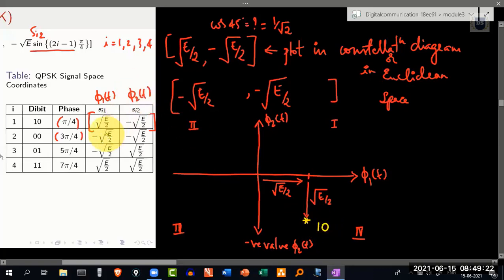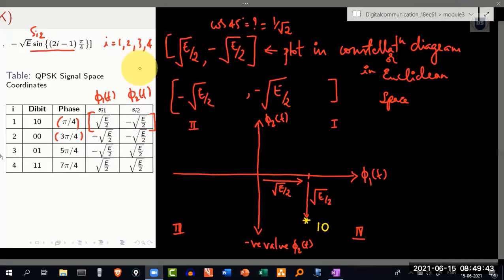Likewise, if I were to plot my next point, in what quadrant will I be lying? Because both of them are associated with a negative sign. By now we know that our first dibit lies in the fourth quadrant. Yes, third quadrant.